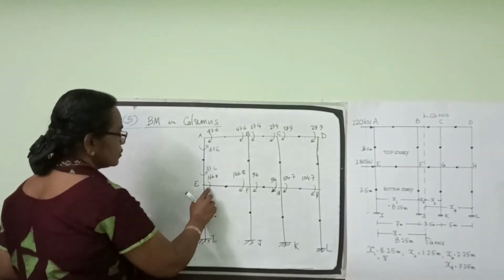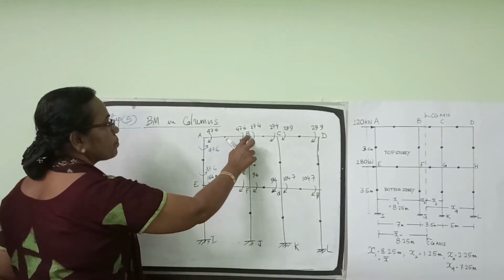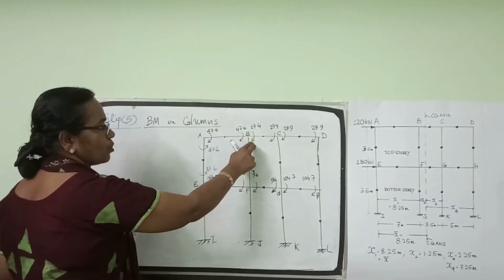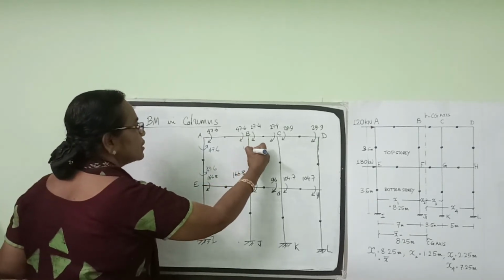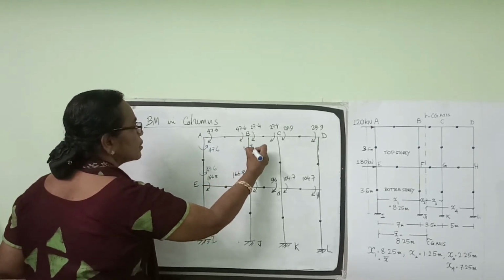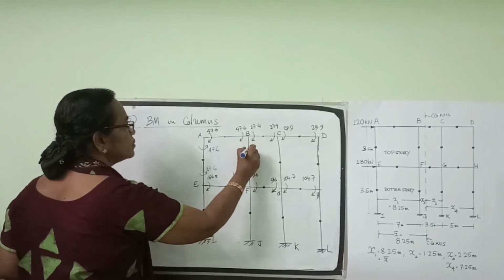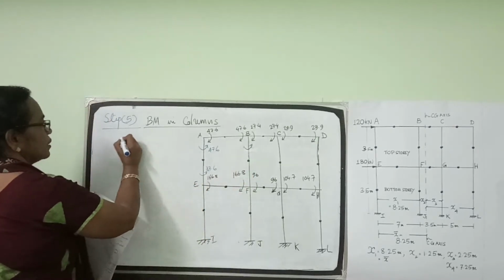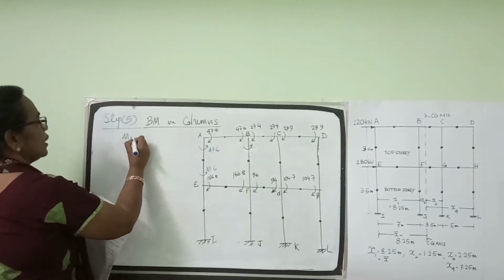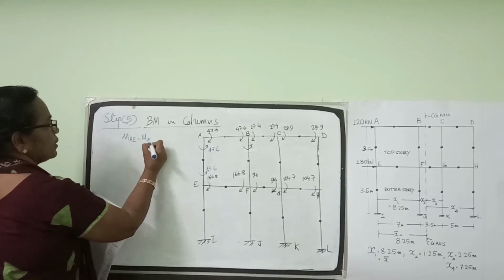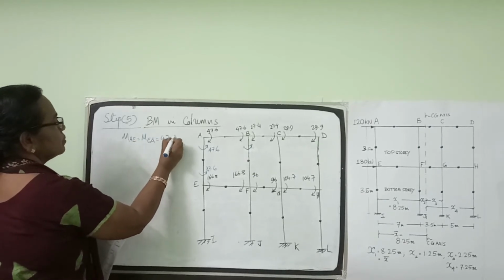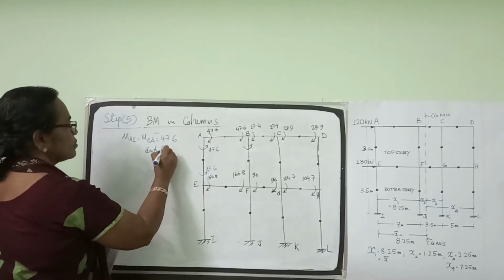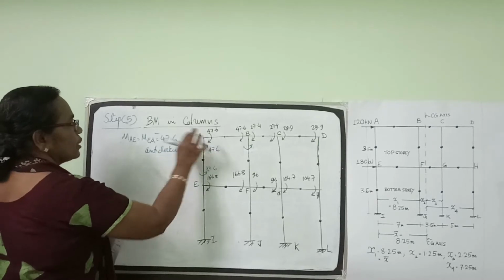The value of moment MAE is the same as moment MEA, which will be equal to minus 47.6, anti-clockwise. It is from joint equilibrium of A.